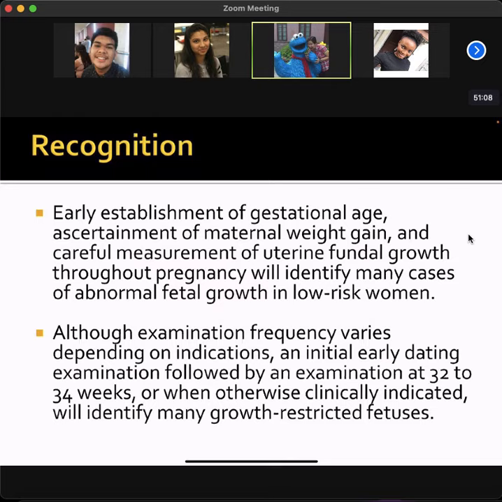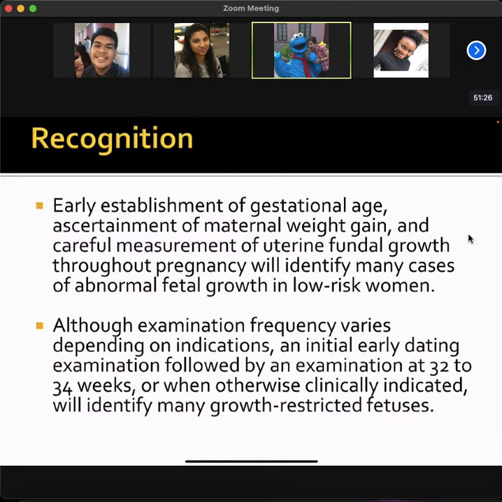Target population here would be your teenage mothers. Number one, they are prone to dieting, and they are also the ones that do not remember their last menstrual period.